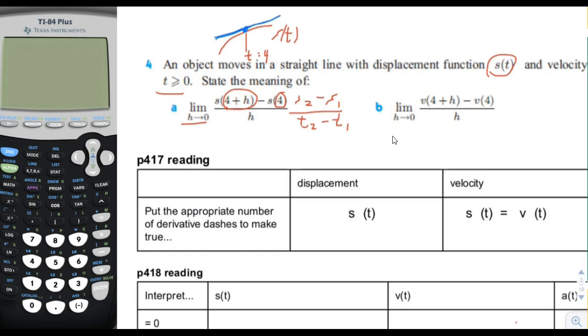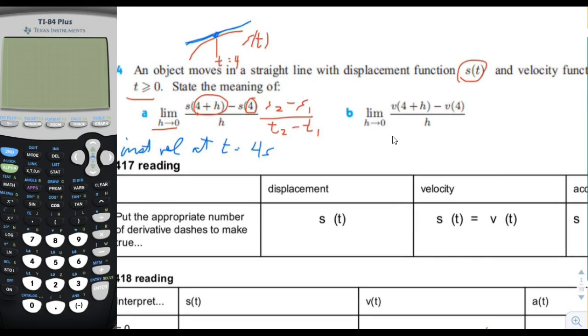The gradient of the tangent line at this point means the derivative. So the derivative of s would be the change in s over the change in t, which is the instantaneous velocity. Okay? So it's the instantaneous velocity at time equals 4 seconds.